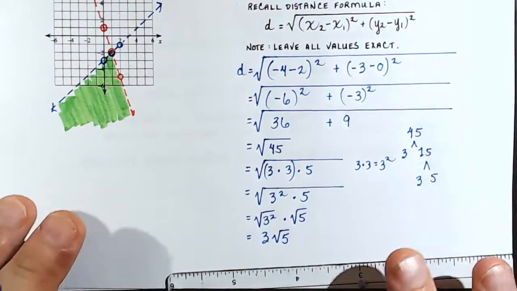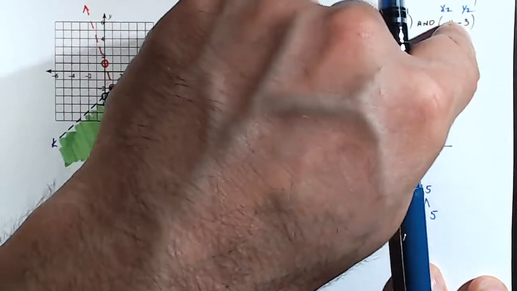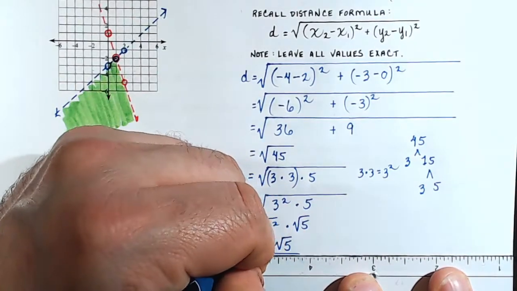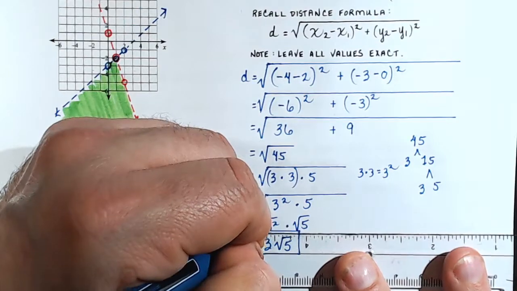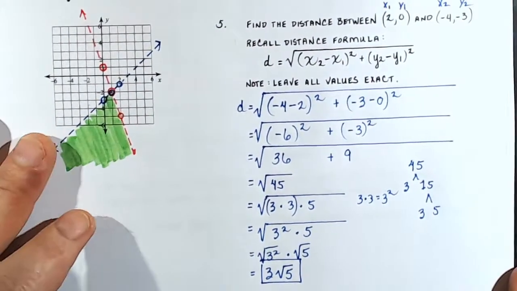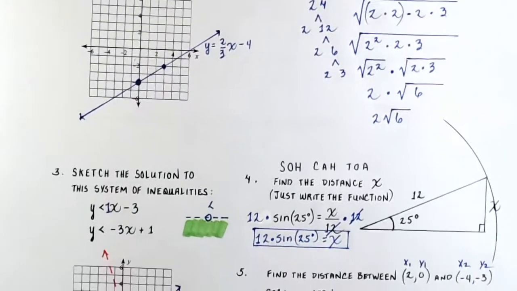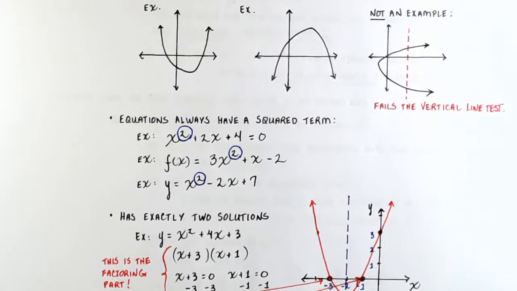Okay, so this whole distance right here between 2 comma 0 and negative 4 comma negative 3 is just 3 square root 5. Okay, and that is the complete warm-up. It's a good broad overview of Algebra 1, Geometry, and some Algebra 2.